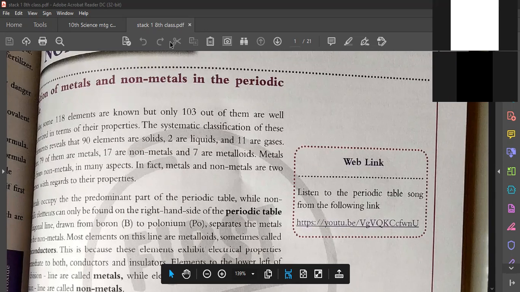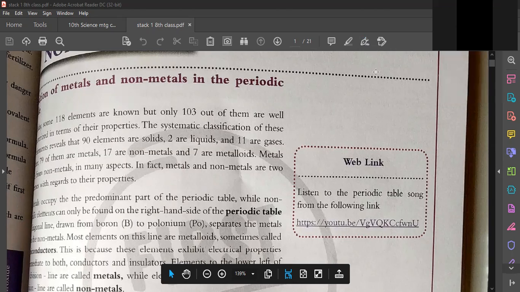Sir, is it visible? I am showing. It's not visible, Sahu. It's completely dark. Sir, now? Still the same. So may I send you the photo after the class? Okay, but Vedika, just reverse your notes.